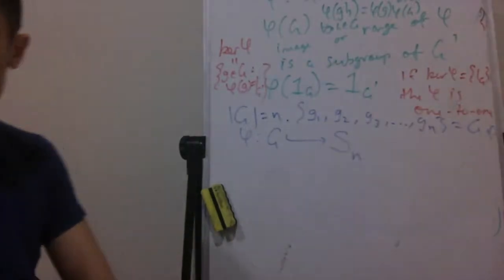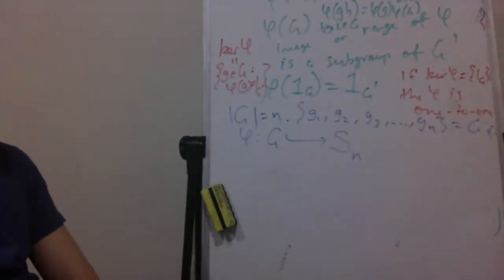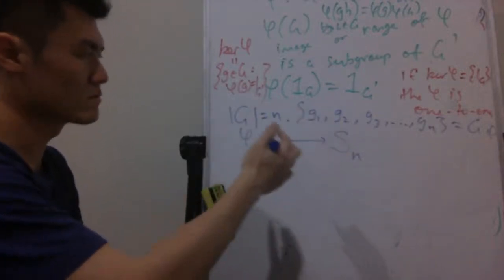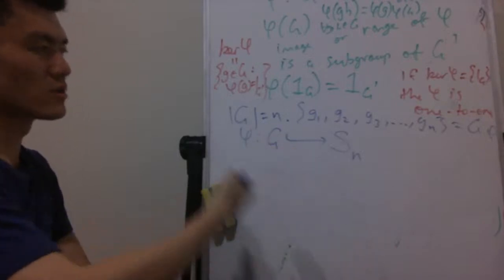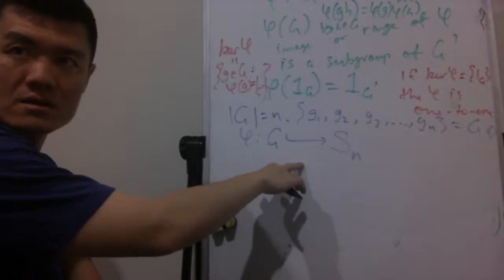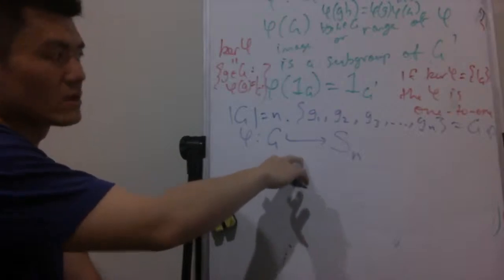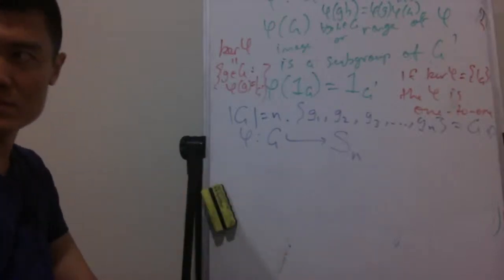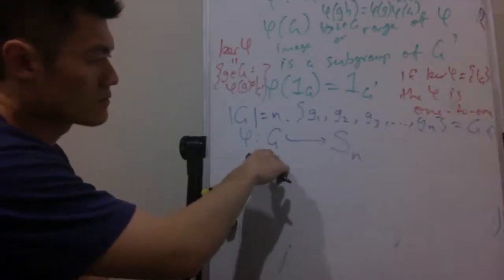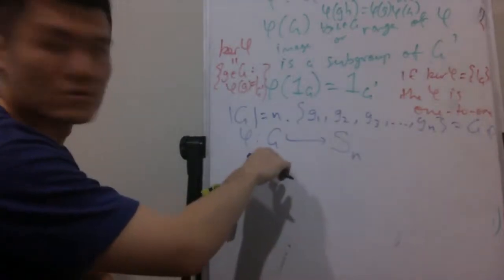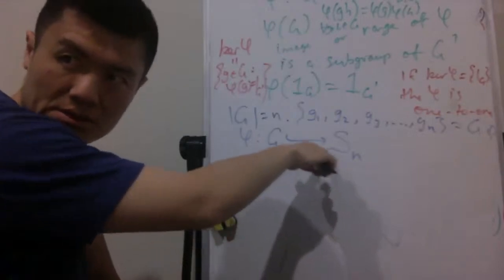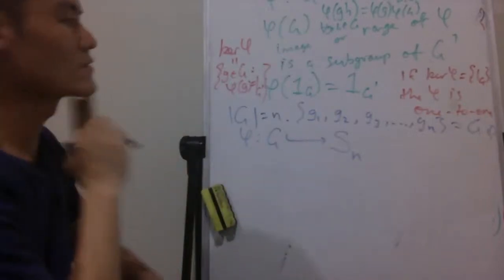So if we can define something, show that it's a function, show that it's a group homomorphism, show that it's 1 to 1, then we can conclude the theorem. Because the range of this will be isomorphic to this group, and it'll be a subgroup of that. So maybe we just have to list some things to check.